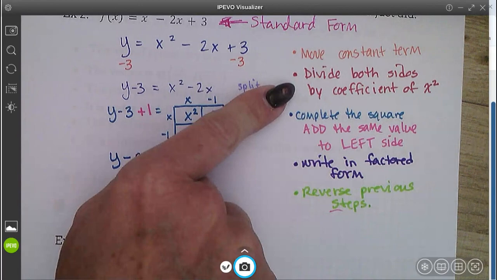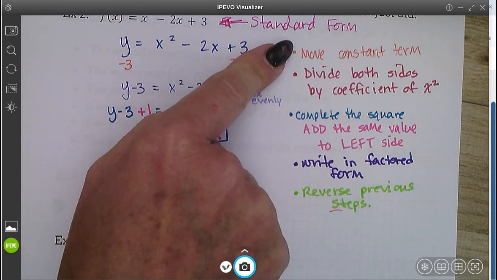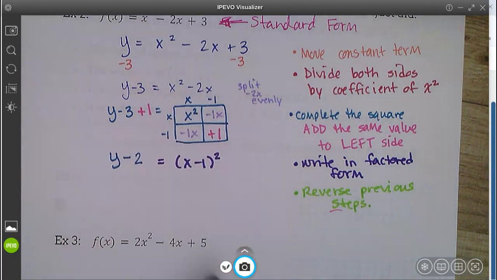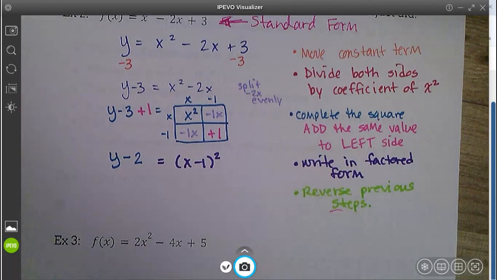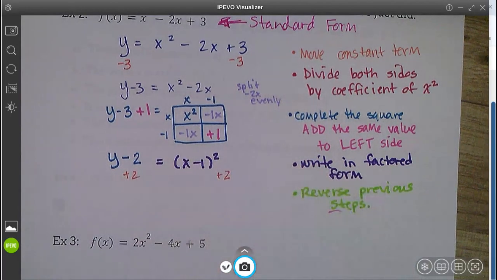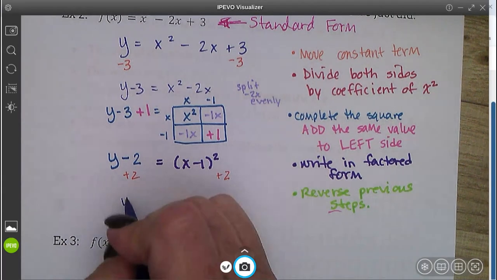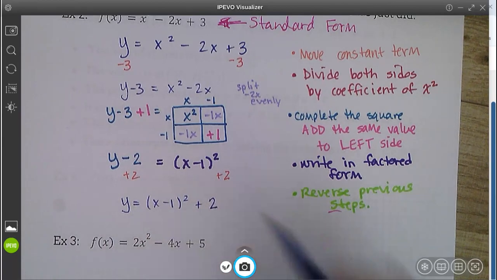Where I divided both sides by a coefficient, I'm now going to multiply. And where I moved my constant term, I'm going to move it back. So really on this one, all I have to do is move my constant term back. So I will add 2 to both sides, and I will end up with the answer, actually. This one's going to be y equals x minus 1 squared plus 2.